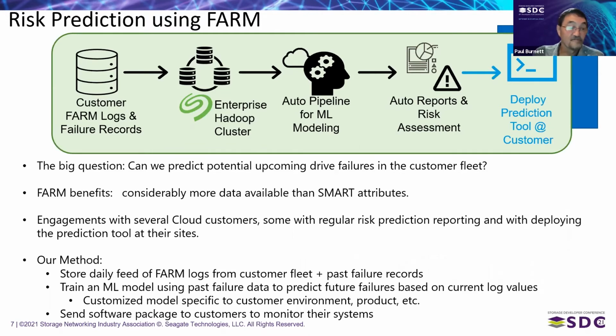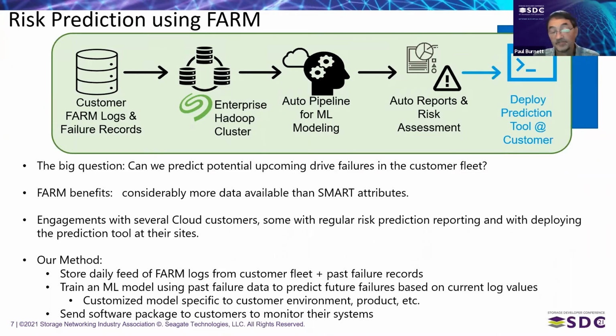As I mentioned earlier, the FARM benefits: there's considerably more data available than the SMART attributes. SMART usually has about 30 attributes, but the FARM log has anywhere from 140 to 170, depending on the interface that's supporting the FARM log.